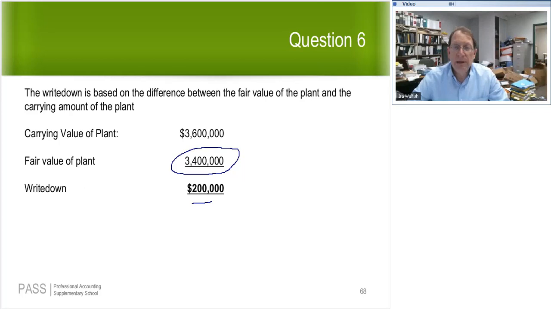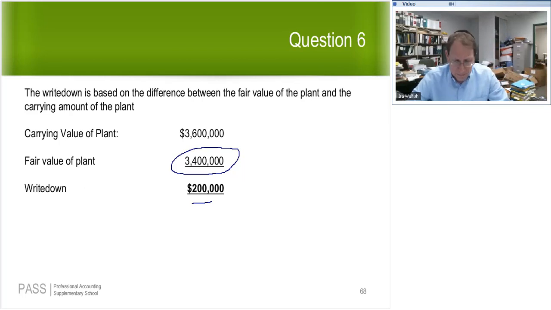People, remember what we said. Inventory may be included in the group, but you're not writing down inventory based on this section. However, the fair value of inventory is $65,000. The rule for inventory is lower of cost or NRV, net recoverable amount.